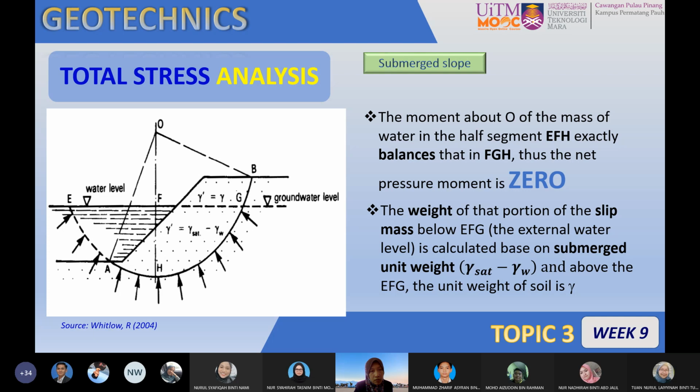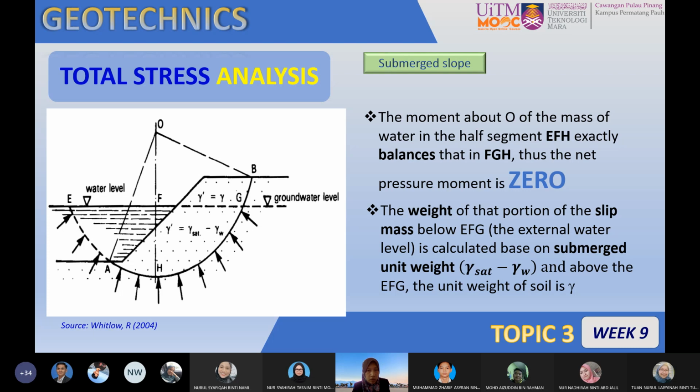The left and right side equilibrium conditions of the moment are taken for this case of a submerged slope. So you can see from here that the moment about O of the mass of water in the half segment EFH at the left side is equal to the moment at the right side FGH. Thus the net pressure moment is considered as 0.